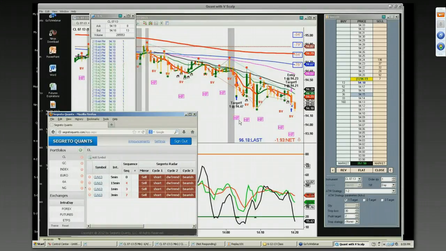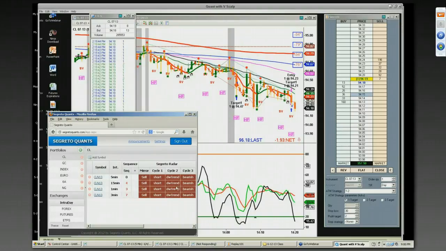But otherwise, I'm using my V-scalp setup, and then I'm using the Segredo radar. Every few minutes, I'm clicking this mirror button, click, click, click, so I can be updated. If I'm getting ready to go short and I'm looking at this red, red, red, red, red across the board, I'm in. What better confirmation could this be? Maybe it could be better if this were a 1 or a 2 and the 3-minute were a 3 or a 4.